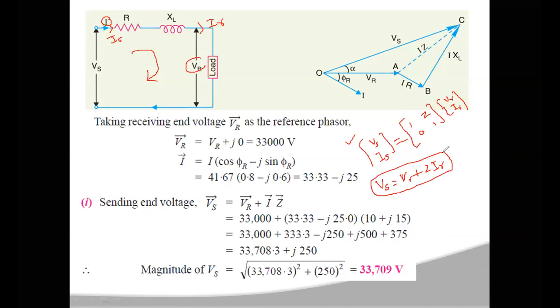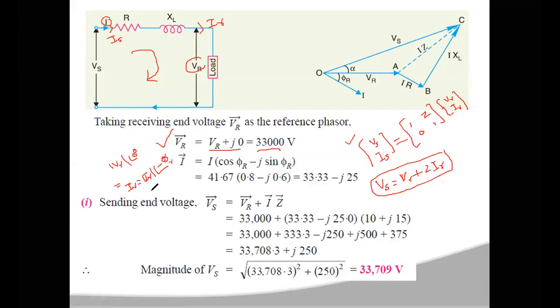Now take VR as the reference value. When you take VR as the reference voltage, this will be the magnitude of VR at an angle of 0 degrees, or you can write it in complex form as VR plus J0, which is equal to 33,000 volts, right? When you take VR as reference, what about IR? IR will be lagging the voltage by an angle of phi r. So IR is equal to the magnitude of IR at an angle of minus phi r.